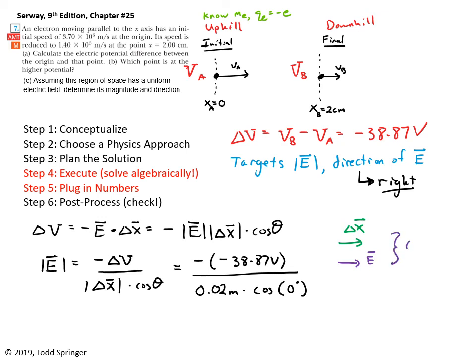So here we have theta equal to 0. Now let's plug in the numbers. I get 1943.5 volts per meter for the magnitude of my electric field.